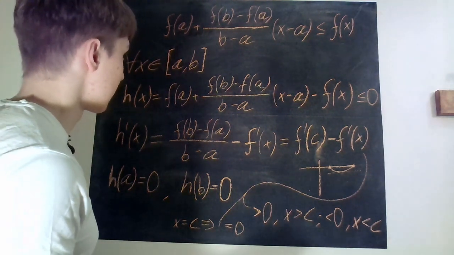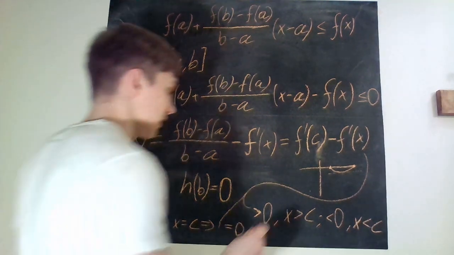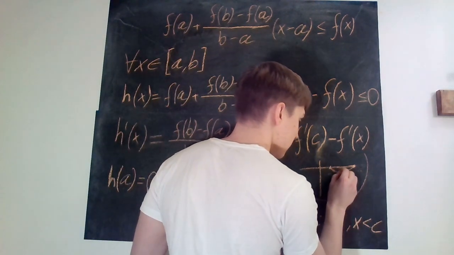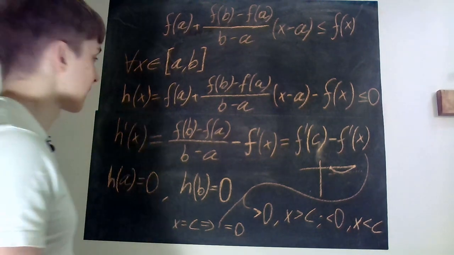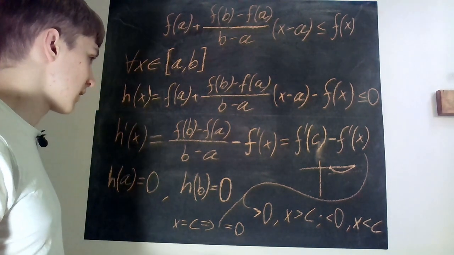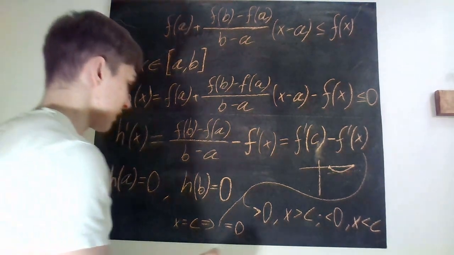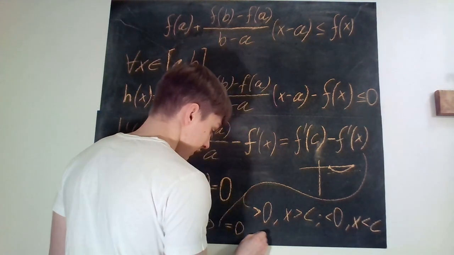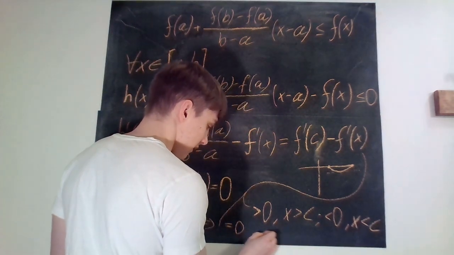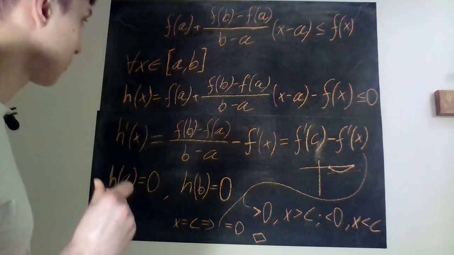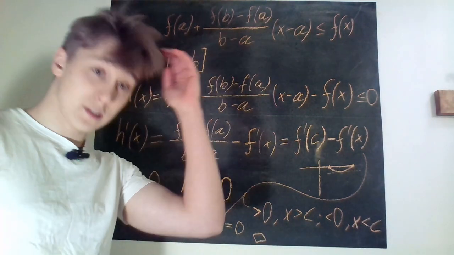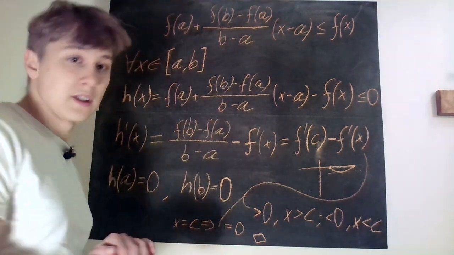So therefore, we know that the function is strictly below the line. So yeah, that was everything. I think that proof is conclusive, at least according to my professor it was.